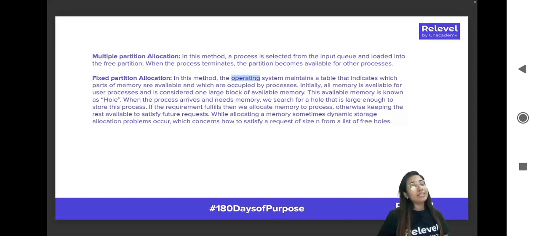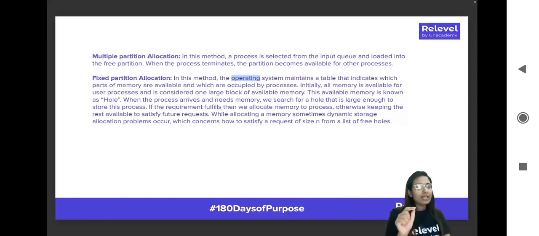Now, since it is a variable size partition, whenever we are dividing the memory, we do not say that every partition will be of fixed size. Each and every segment of the memory can be of a different size. In variable size partitioning, a process is not given the exact same or a specific segment of memory.